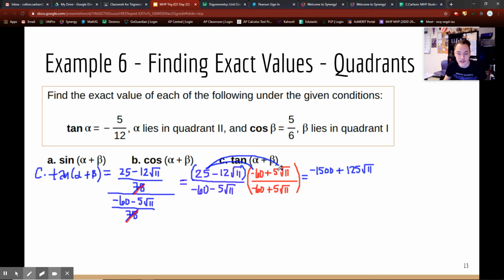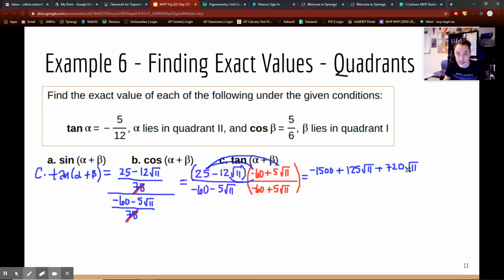So that one's not that bad. Now I take my inner terms. Right here, negative 12 times negative 60 is plus 720 because a negative times a negative gives me a positive. 12 times 60 is 720. And of course, I tag on my radical 11 here.